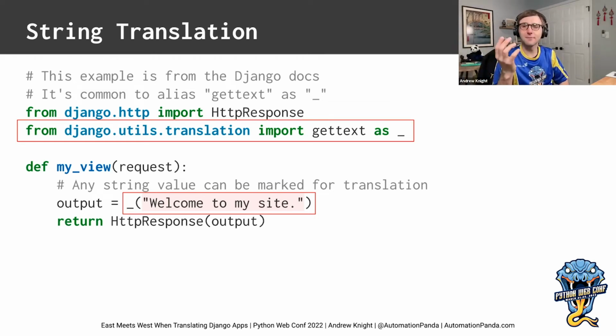Now, as a practice, you can actually define your strings in two ways. What I did on my site is I wrote all of the strings and tokens in my code base, in my Python modules and in my templates, in English, and then just wrapped them up.